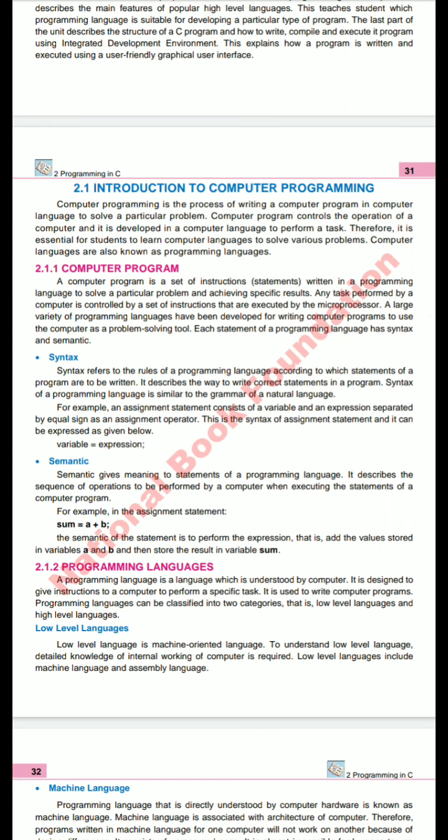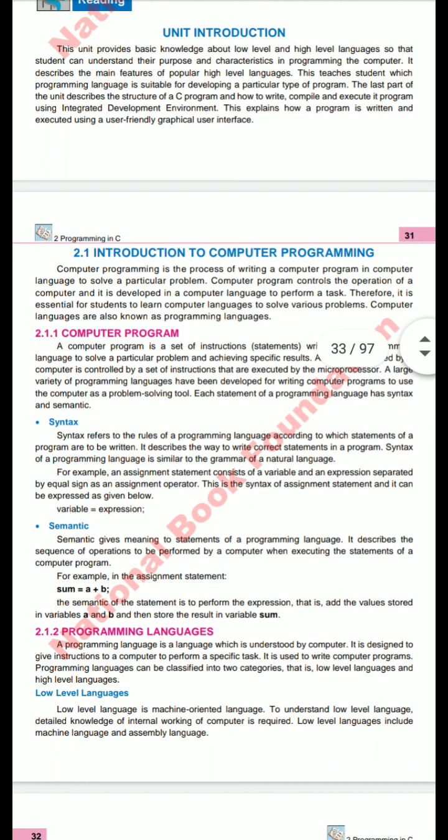Introduction to programming. Computer programming is the process of writing a program in a computer language to solve a particular problem. A computer program controls the operation of a computer and is developed in a computer language to perform a task.